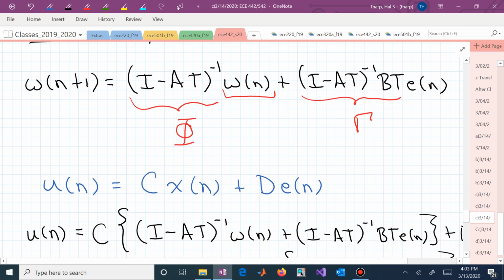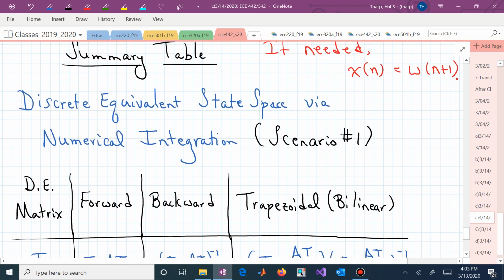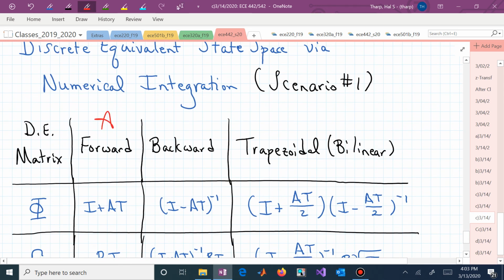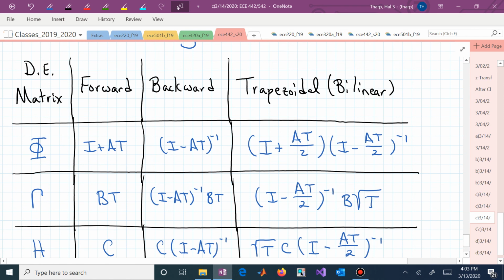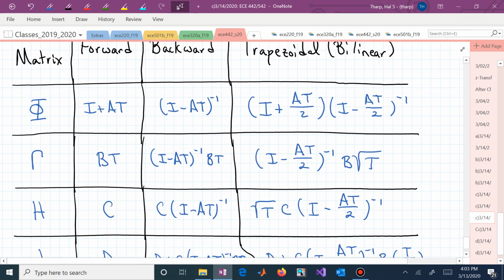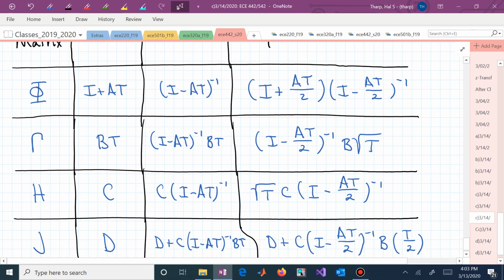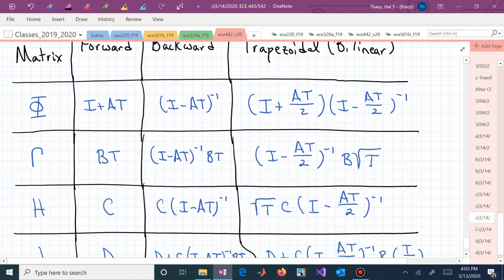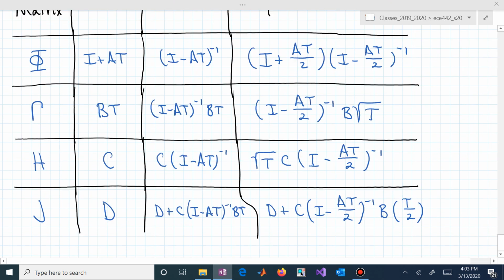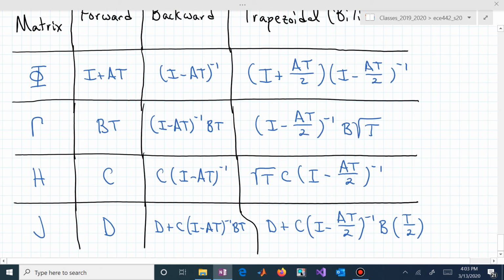With that said, we now have derived the forward and the backward strategies to finding the system matrix phi, the input matrix gamma, the output matrix H, and the direct feed-through matrix J in terms of the state space representation A, B, C, and D in the continuous time setting.